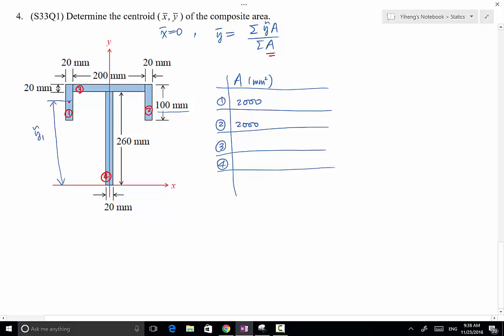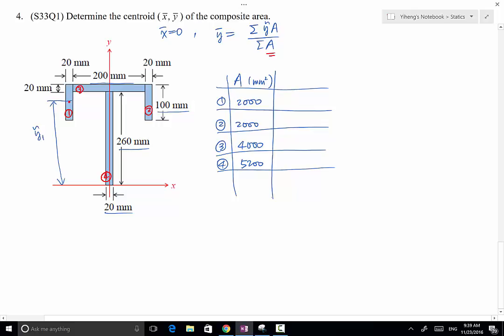Area number 3, we have a length of 200 millimeter and a height of 20, so 200 times 20, that is 4,000 millimeter squared. And for area number 4, the vertical one, we have a height of 260 and a width of 20, so 20 times 260, that is 5,200 millimeter squared. So that's the first thing.